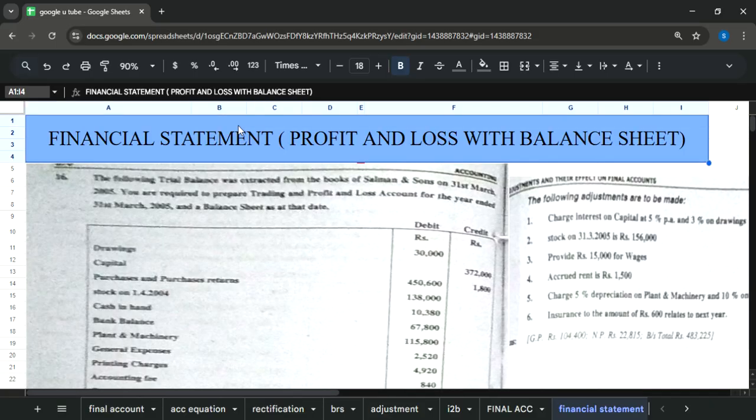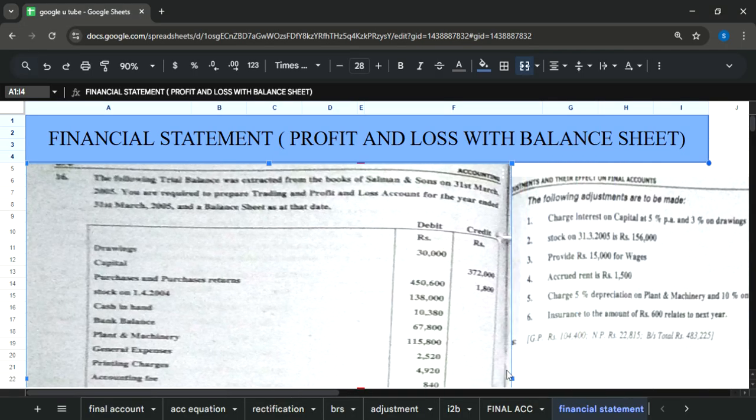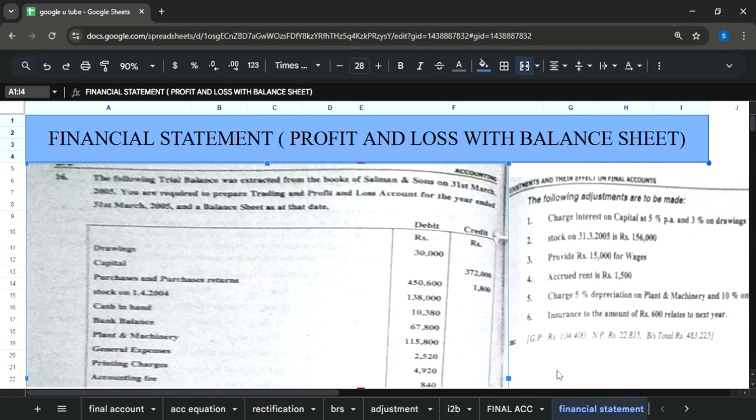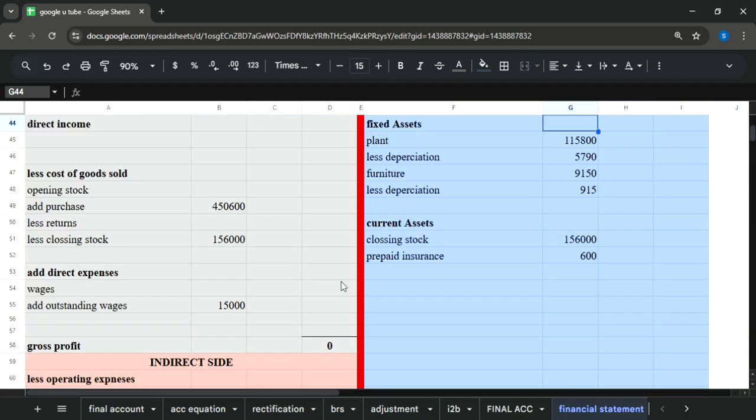Now the second step is to see returns, and these returns are 1800, but let's confirm it. I think it's 1800. So let's mention it. After purchases, you will enter returns. These are 1800 and we will subtract later on.